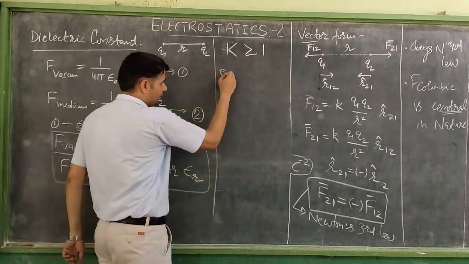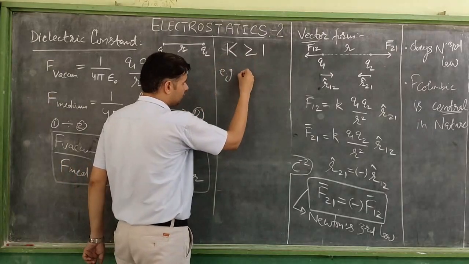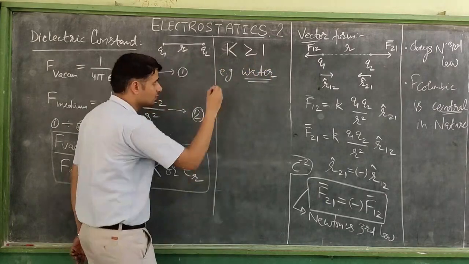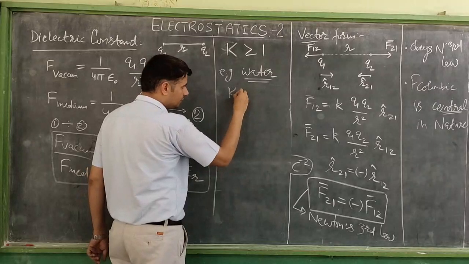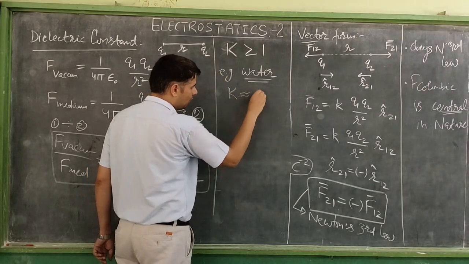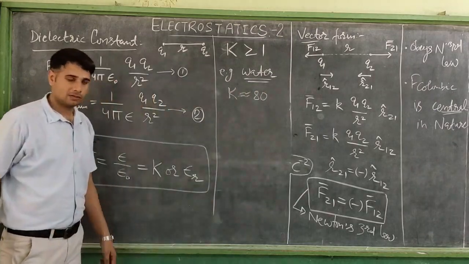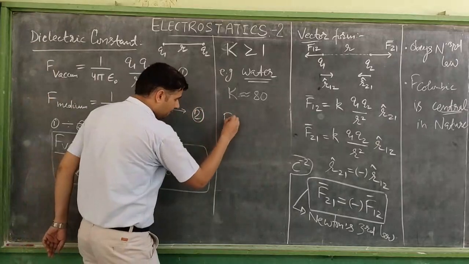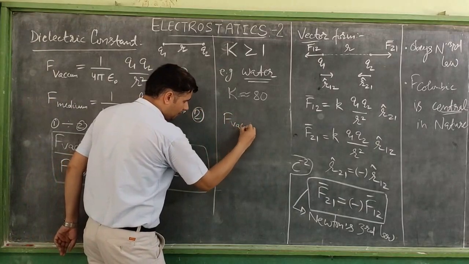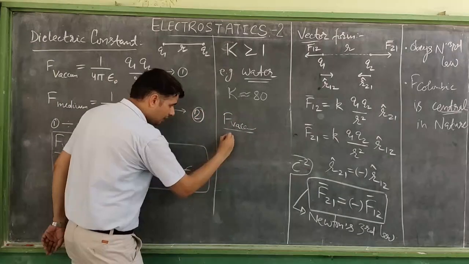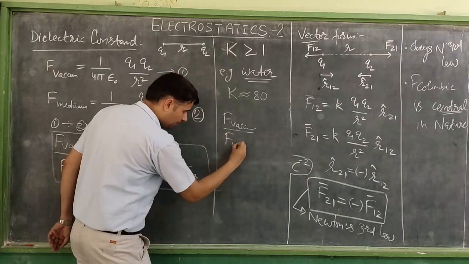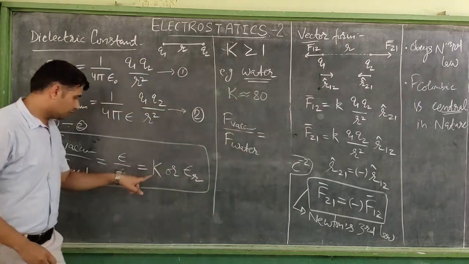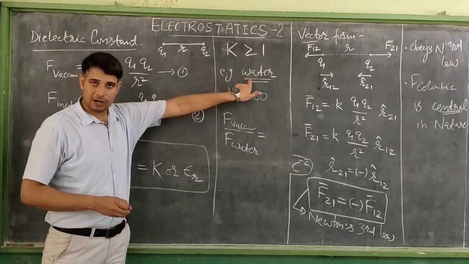For example, if we take the case of water, I have taken the medium as water. The numerical value of K is approximately 80 or 81. So now you just use this value here. F vacuum divided by F medium, where medium is water, so F vacuum divided by F water should be equal to K, and the value of K for water is 80.